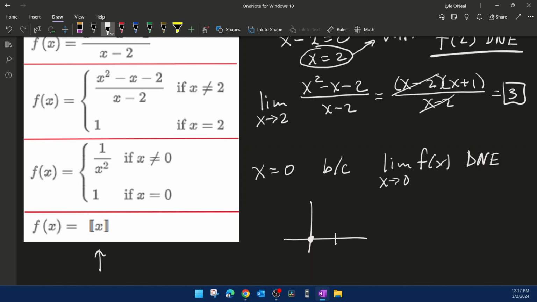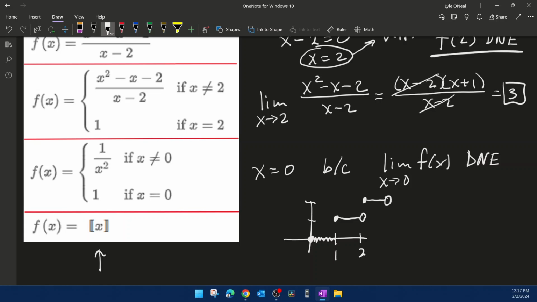And when you plug in any decimal value up to 1, you get 0. But as soon as you get to 1, the graph steps up to 1 and will remain at a height of 1 until you get to 2, where it will then step up to 2. This is how the greatest integer function works.